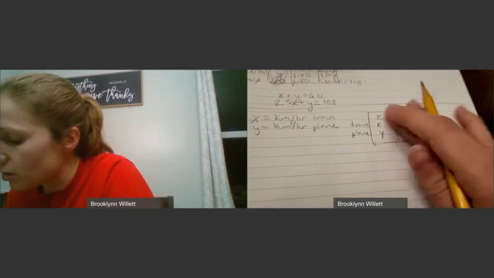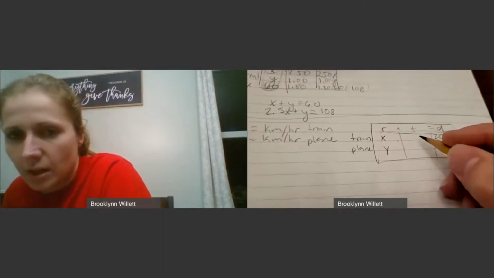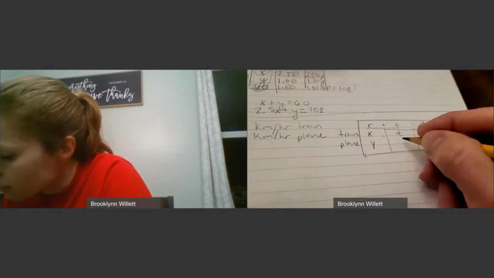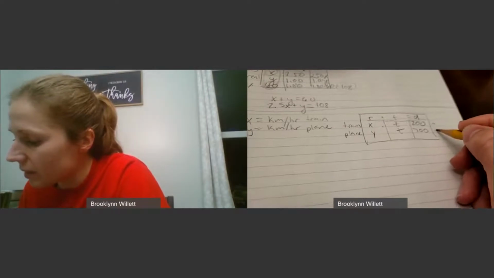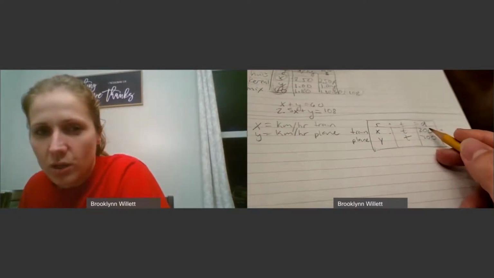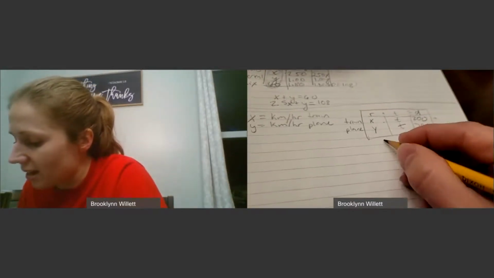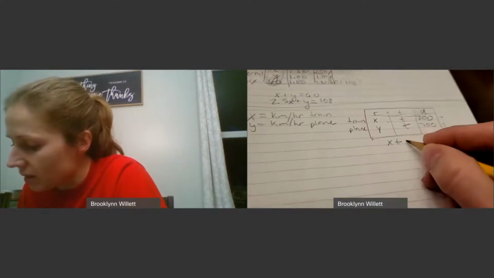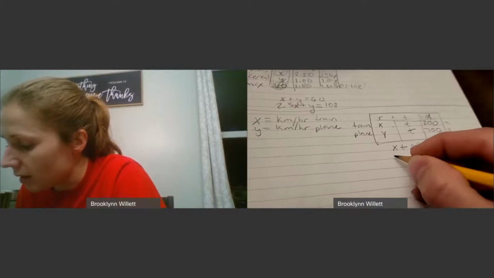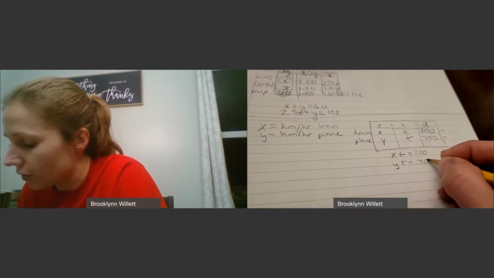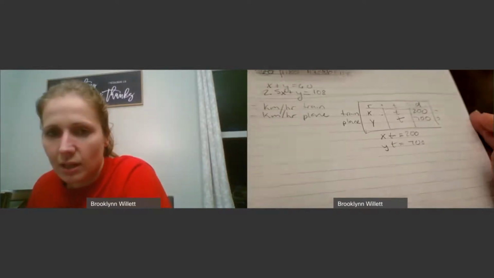Sorry, I'm trying to think of the simplest way to explain this. If you want, you can put a T here, and now these aren't going to be your 2 equations because you only have 1 variable in each. But what these are saying is that X times T is going to be 200, and then Y times T is going to be 700, because remember, we're doing rate times time equals distance.